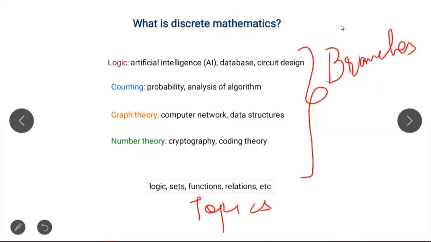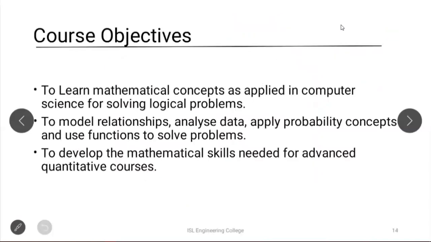Now, let's go with the course objectives. What is the objective of this course? We are supposed to learn the mathematical concepts. Mathematical concepts involve reading, understanding, and giving a solution for mathematical problems.